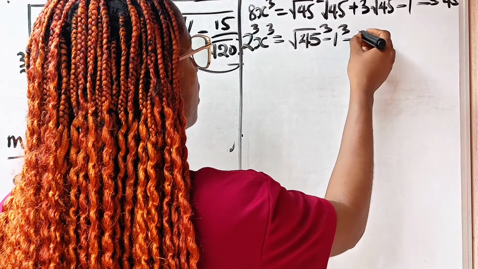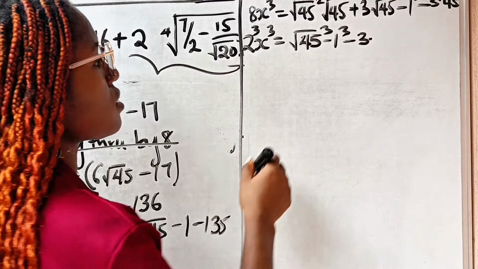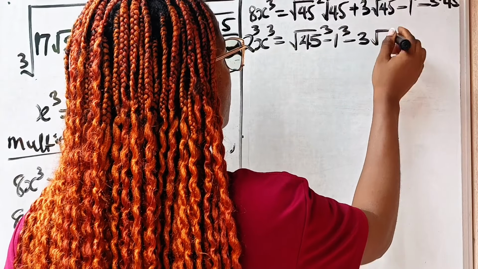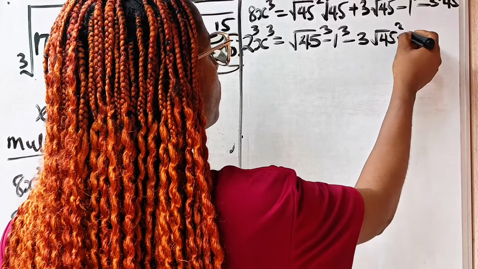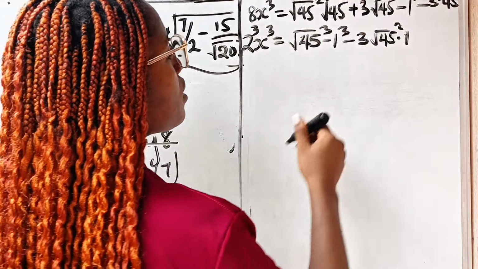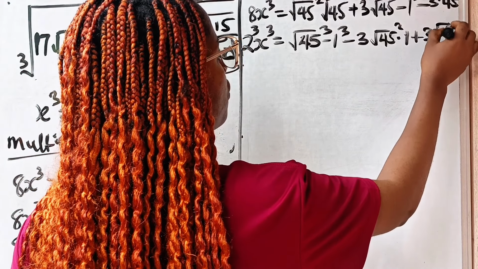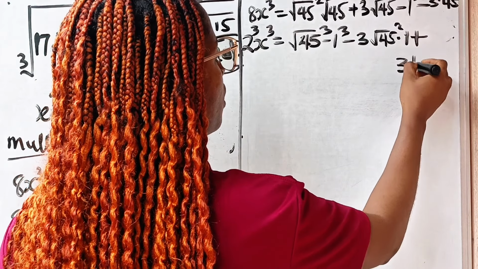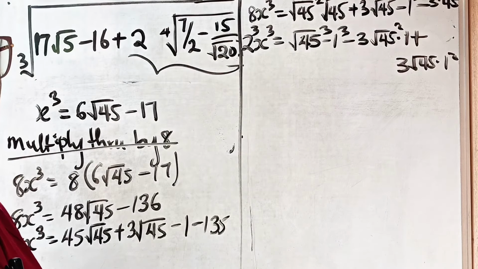Then minus 3 multiplied by 45 is the same thing as square root of 45 squared, so we have 3 root 45 squared, multiplied by 1. We've not changed anything. Then coming to this side, we have plus 3 root 45 multiplied by 1 squared. I've not changed anything, right?